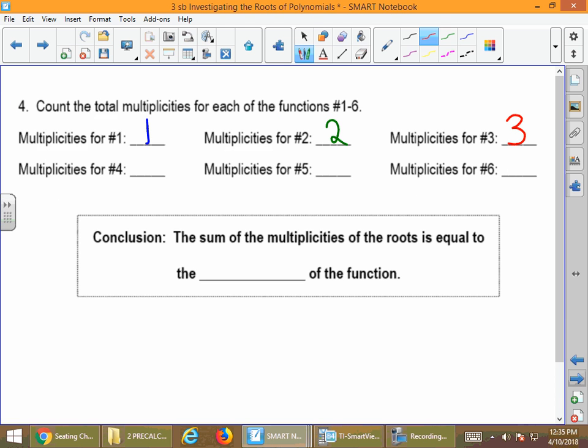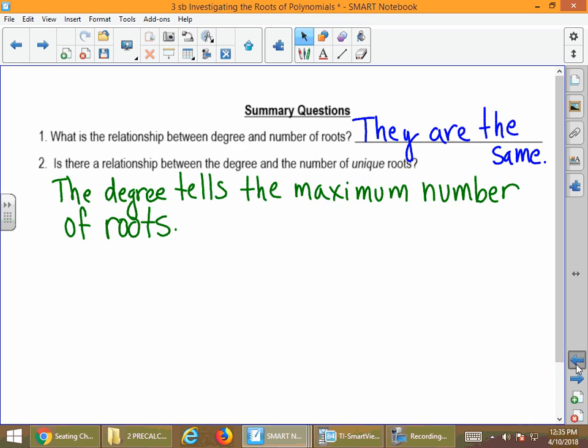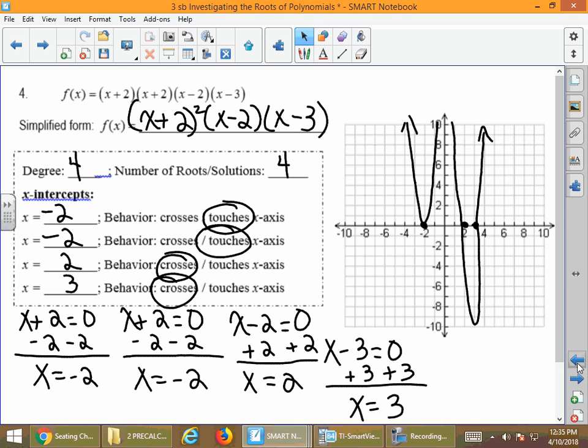You can probably guess the answers to 4, 5, and 6. But I do want to point them out. The exponent on the first parentheses is 2. The exponent on the second parentheses is a 1. The exponent on the third parentheses is 1. 2 plus 1 plus 1 is 4.